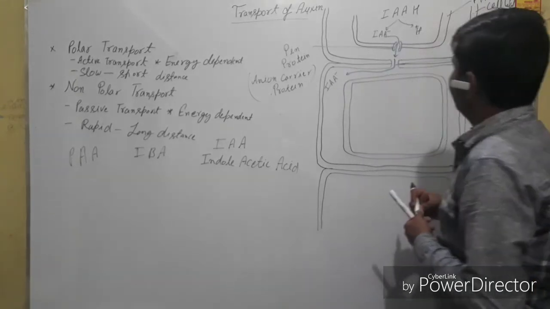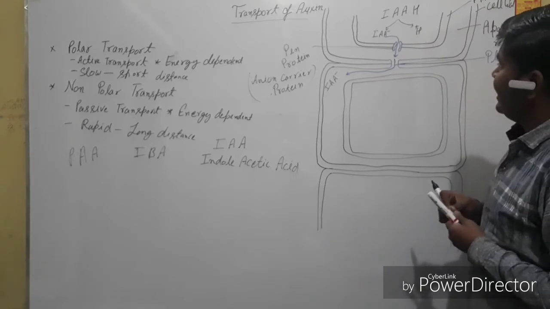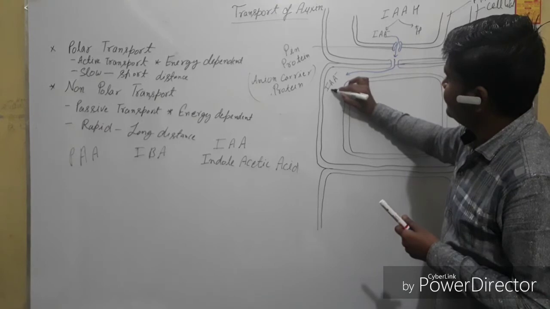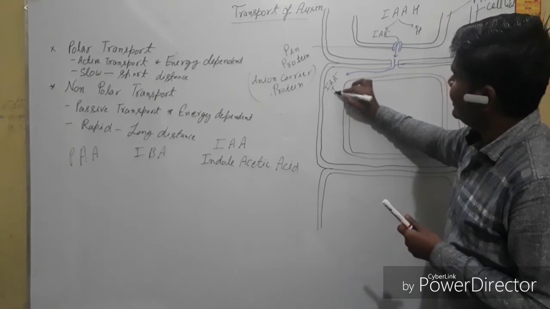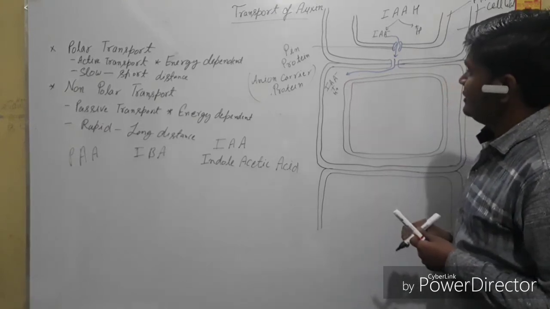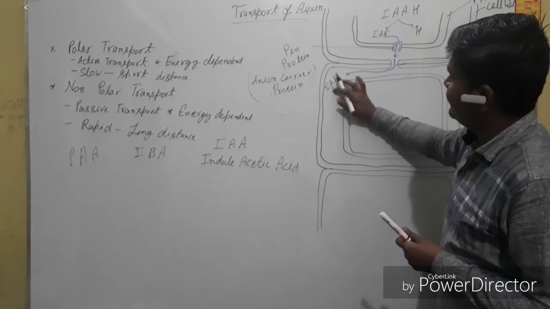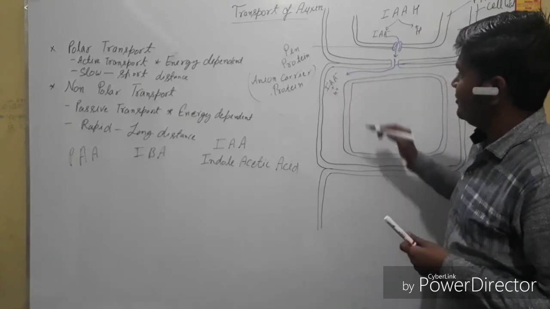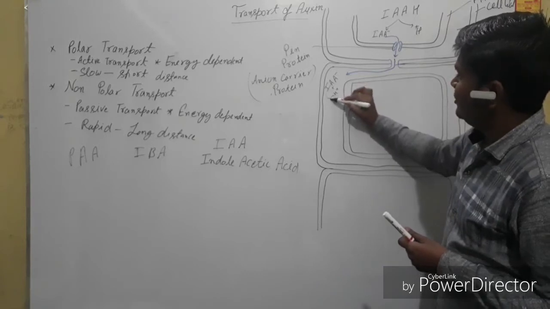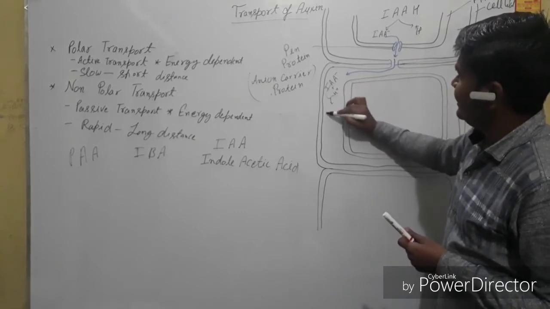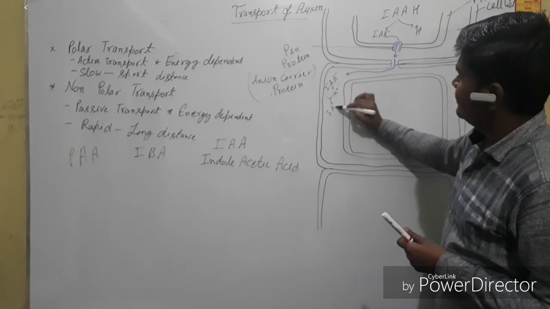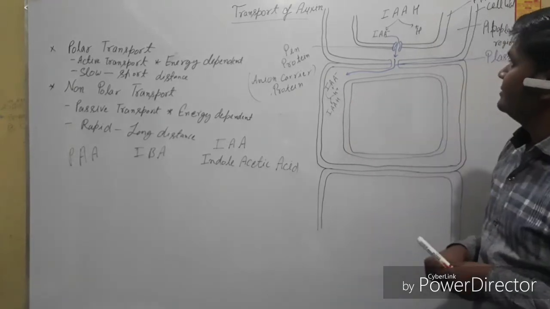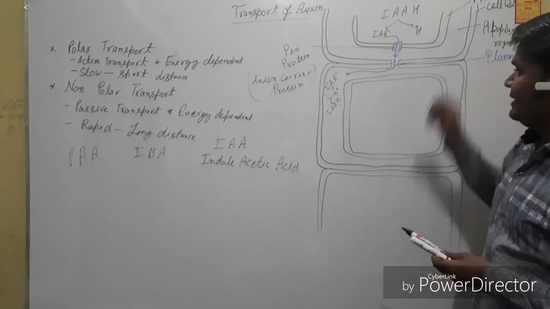Now the IAA minus is combined with the hydrogen ion to form the bound form, IAAH.